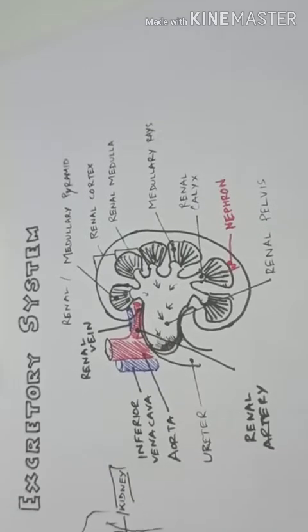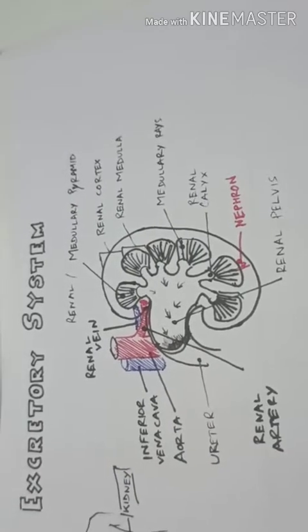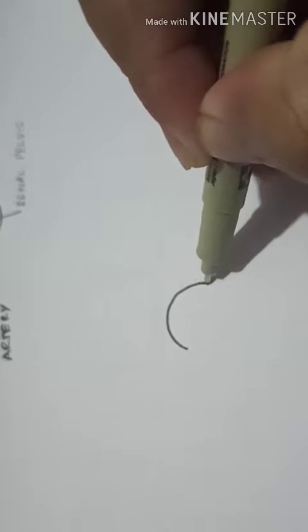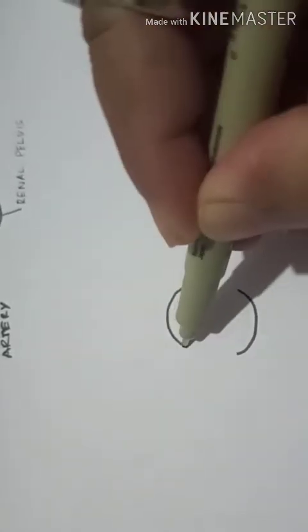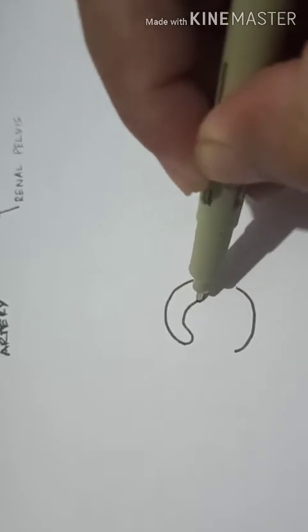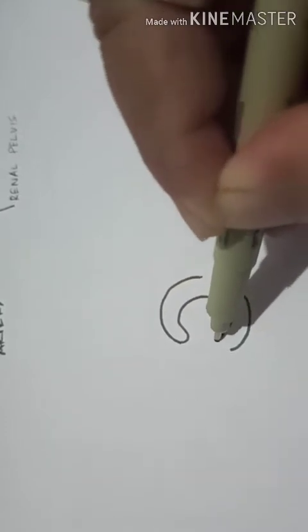Again, as I said, this is a simple study about how to draw them. The structure of the nephron will begin with the structure which is known as the renal corpuscle.